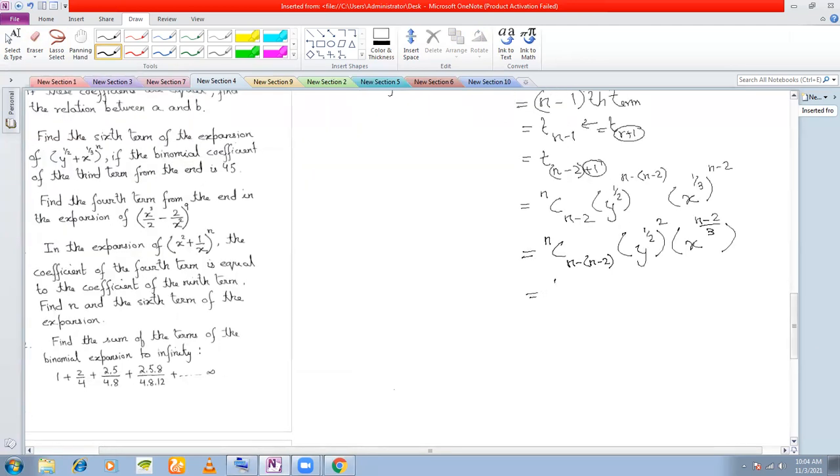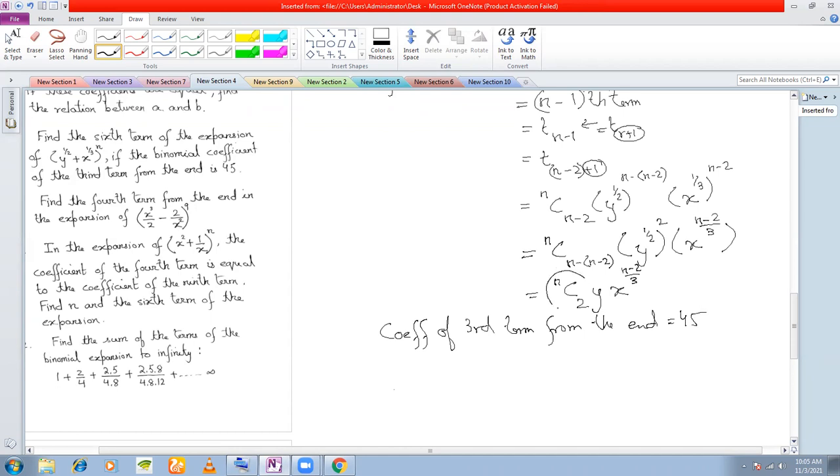Now this is nC2 simply into y into x to the power of n minus 2 by 3. Okay, so this is what we are getting. And what is the coefficient of the third term from the end? It is given to be 45.